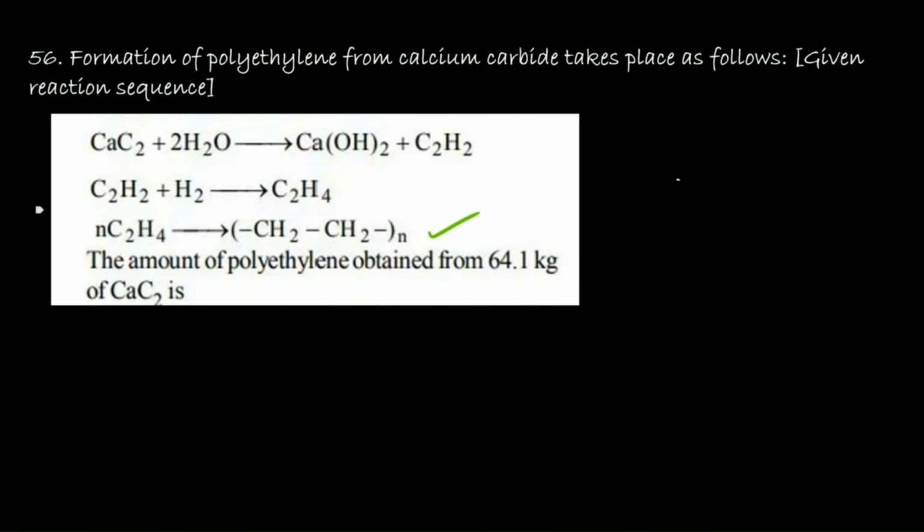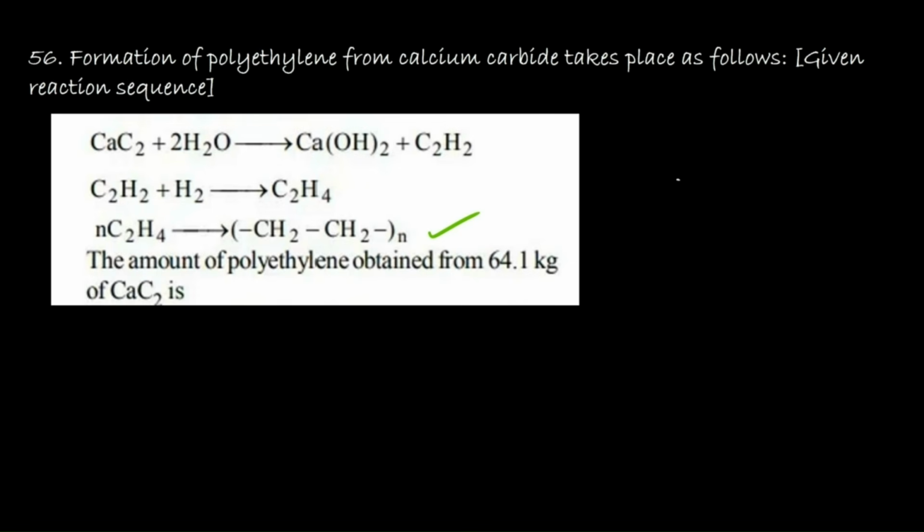First of all, calcium carbide forms C2H2, ethyne, and then ethyne forms ethene, and ethene forms polyethylene. That is the process.